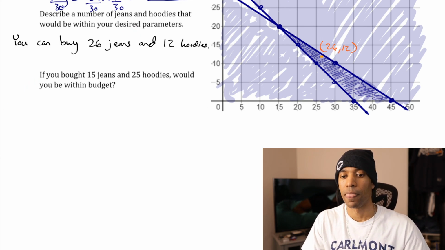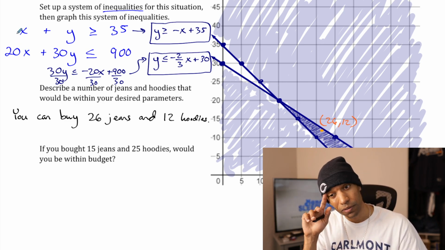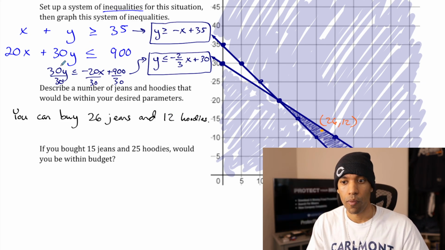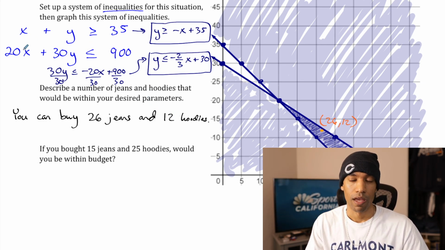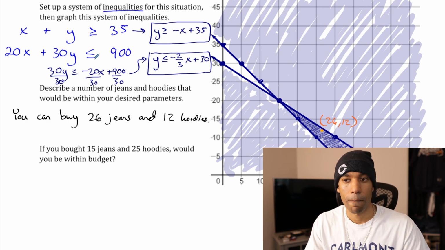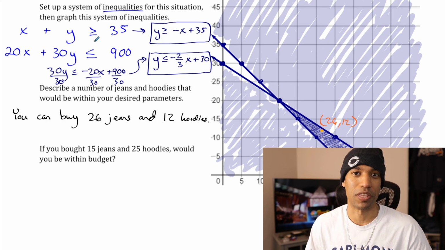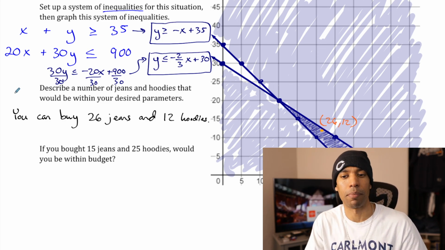That's more than 35. 26 times $20 per is $520. 30 times 12 is 360. 520 plus 360 is $880. Whoo! I'm within budget there. I was really close to that 900, but I'm within budget.